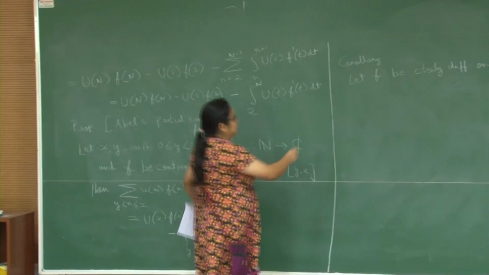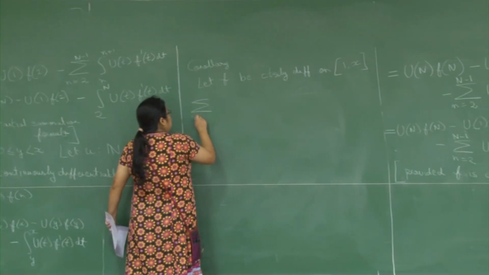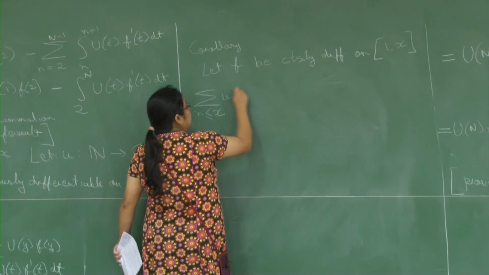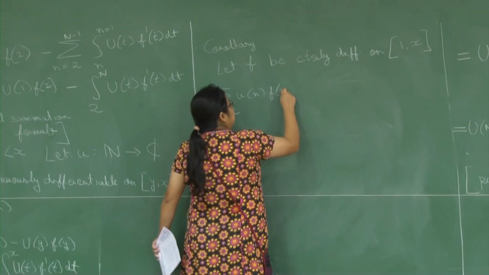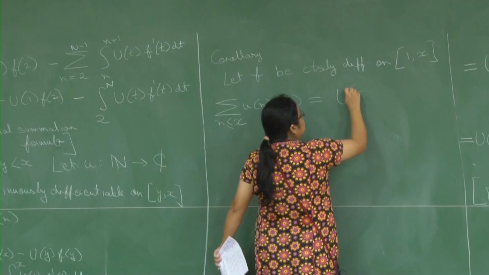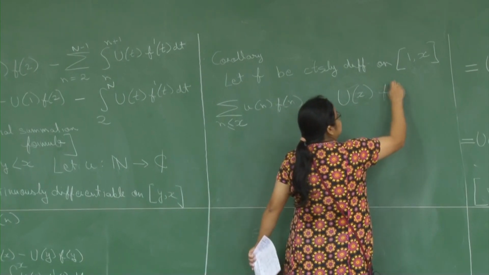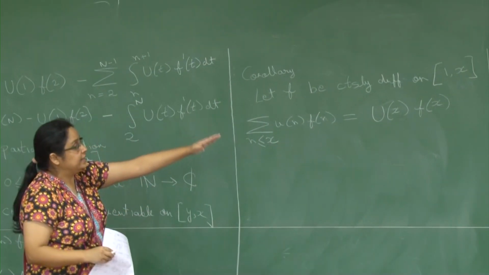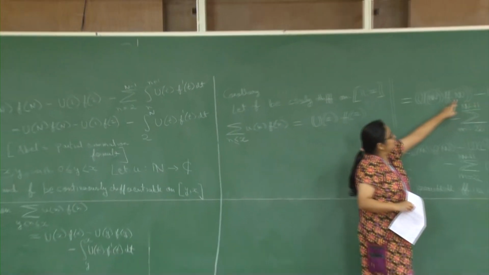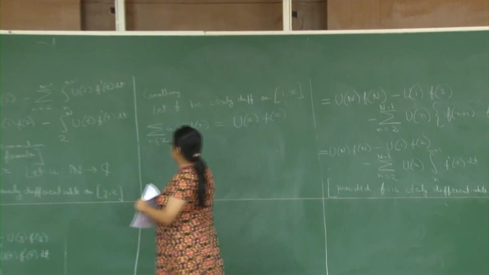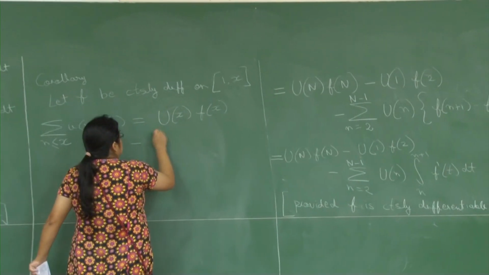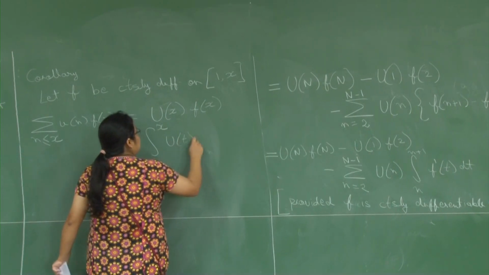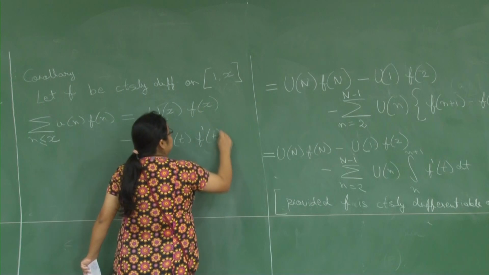So, what we end up getting is that if you run over all the natural numbers up to x, little u of n f of n is equal to capital U of x f of x, even if x is some real number. Our previous technique can be generalized to the situation when capital N is some real number, not just some natural number, minus the integral 1 to x of capital U of t f prime of t dt.